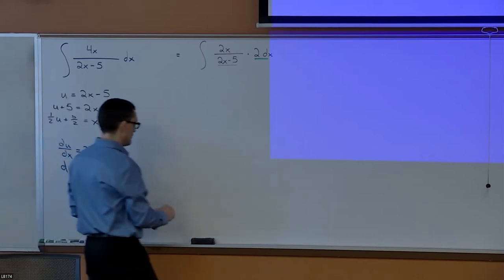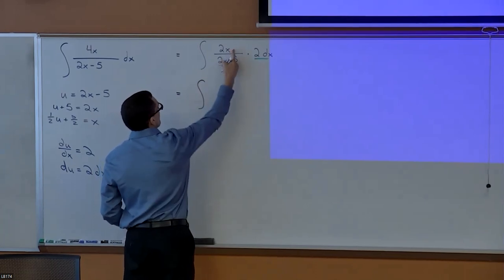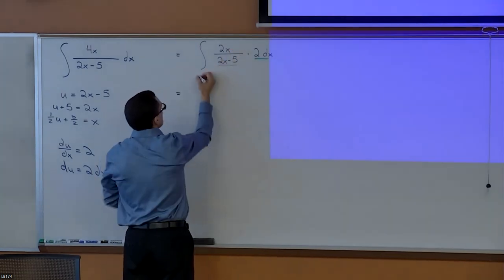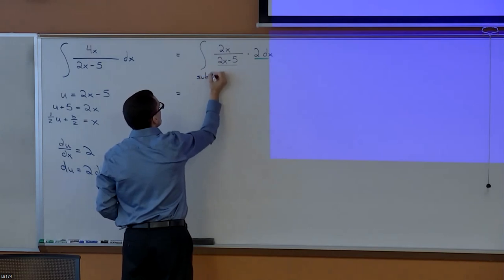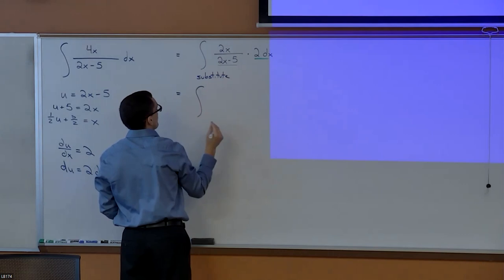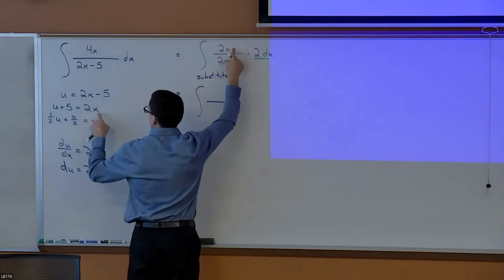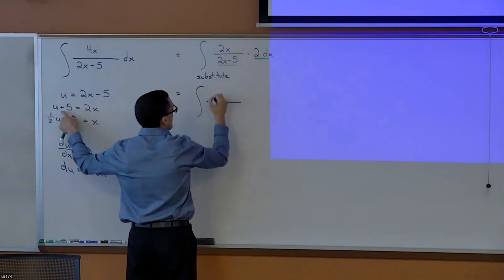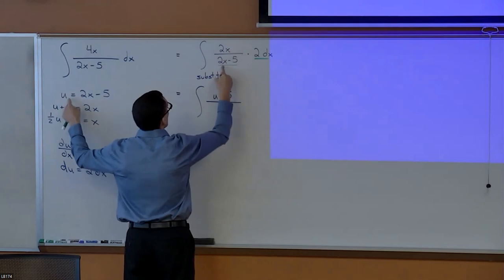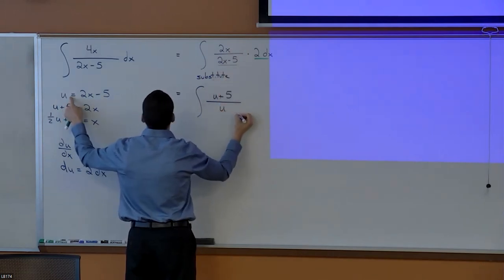So what I'm gonna do is I'm going to now substitute in 3 different places. This 2x is gonna get replaced with a u plus 5. The 2x minus 5 gets replaced with a u.